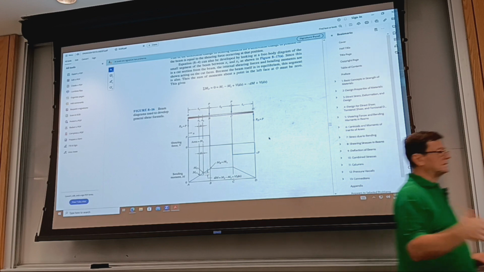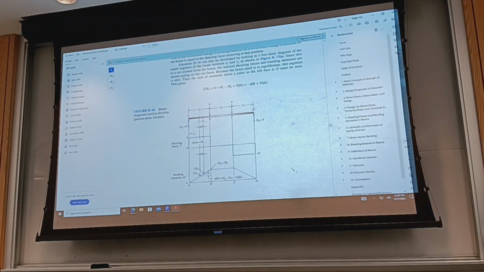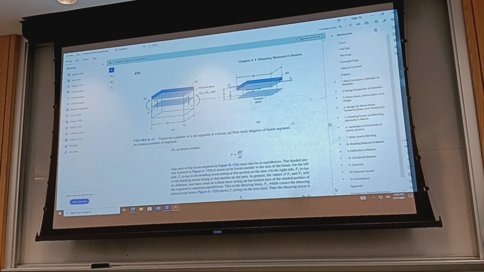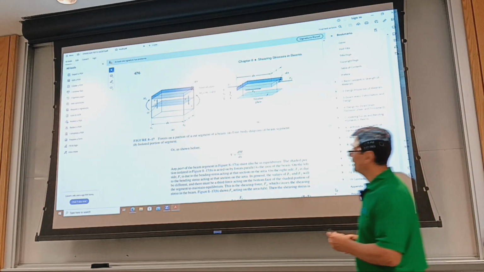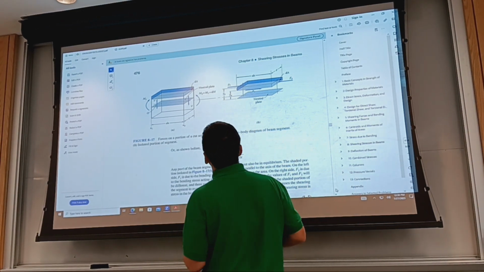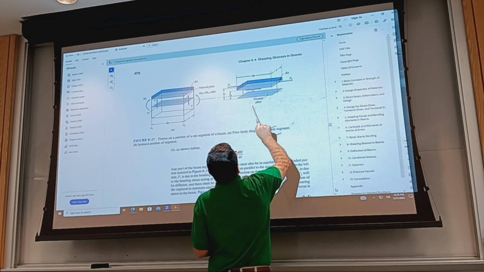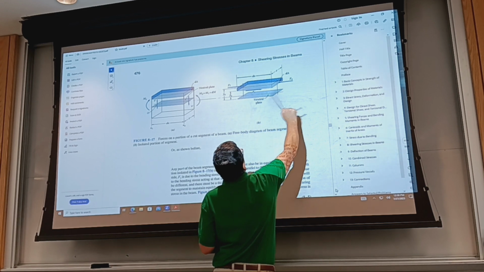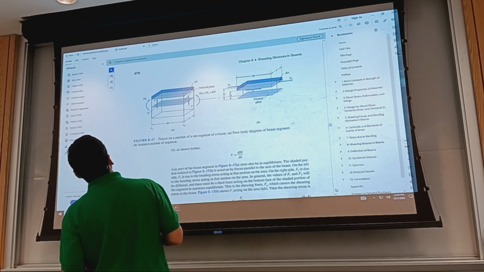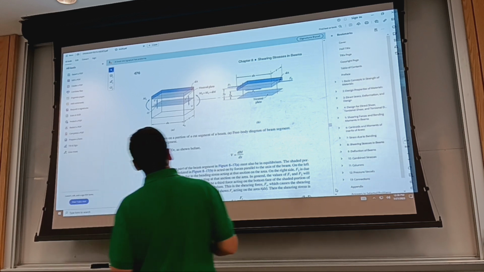Okay, to maintain equilibrium, we need to introduce a shear force. If we know the shear force, divide by area, which will be the longitudinal shear area, dx times the thickness t, that gets us the full package to write the equilibrium equation.